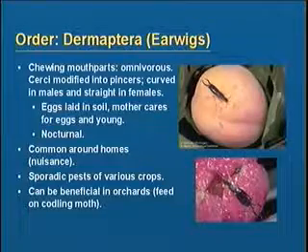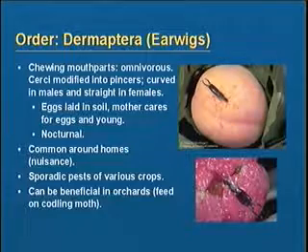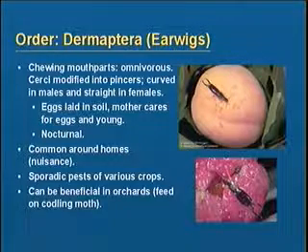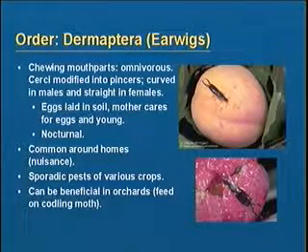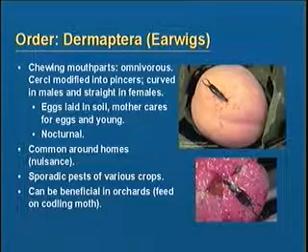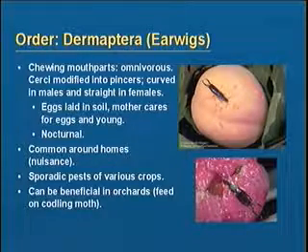These are omnivorous insects. They have chewing mouthparts, and omnivorous means they eat plants and can also be predators, so they can be beneficial. These cerci back here, these appendages on the end of the abdomen, help you identify whether they're males or females.